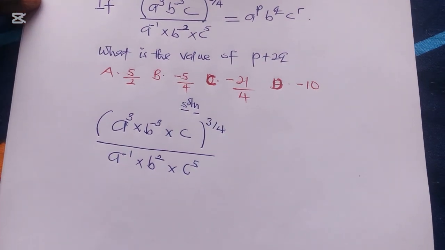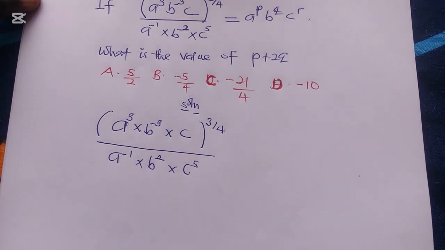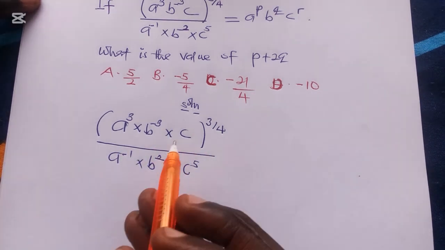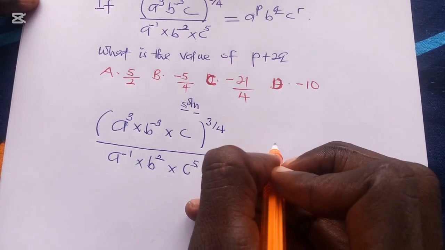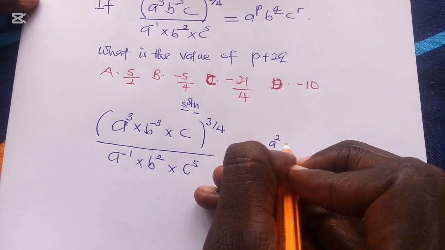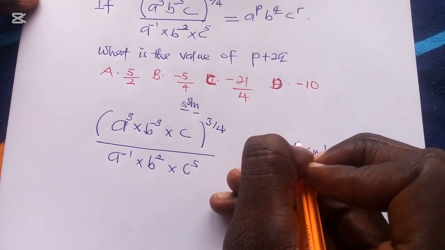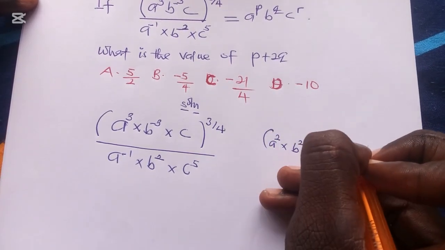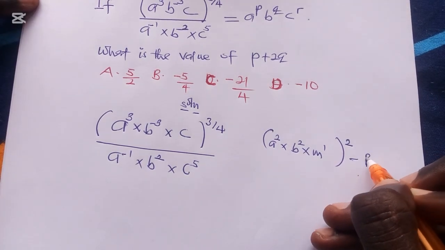Now it continues. Here we just need to apply the power law of indices. This is the product law. If you have a raised to the power 2 multiplied by b times m raised to the power 1, this is 2 also, then everything raised to the power 2, we apply the product rule.